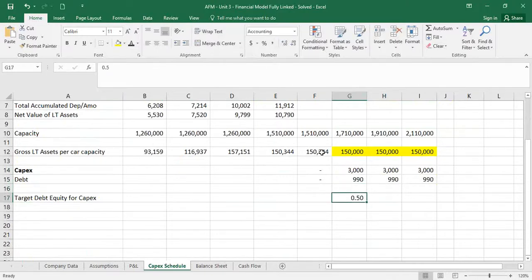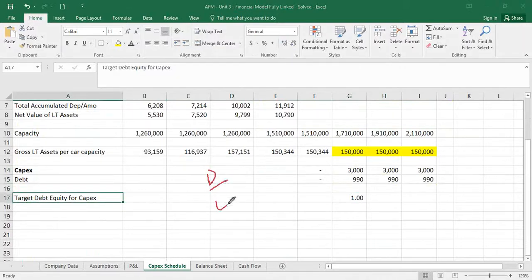So I'm going to use 0.5 as debt, or I'm going to use 1 as debt. So this is debt equity, remember, right? So when you say debt equity is 1, that means D by E is 1. When you say D by E is 1, that basically means equal amounts of debt and equal amounts of equity, right? That's what it means. So effectively, when we say this is 1, then equity is also 1, which means half and half, right?